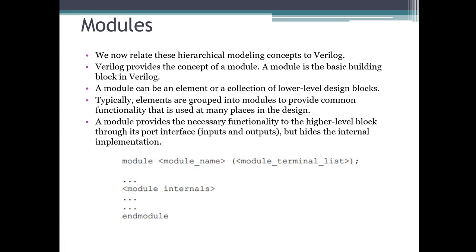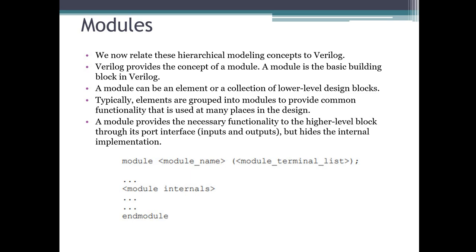I hope you have a good understanding of how you can declare a module and how you can declare the module name and then this part. So let's revise what it does actually. Any module we write, we are going to start with the module keyword. This is a keyword. Then we will give the name, and inside the parentheses we are going to give the terminal list. What is the terminal list? The terminal list is nothing but the input and output ports.